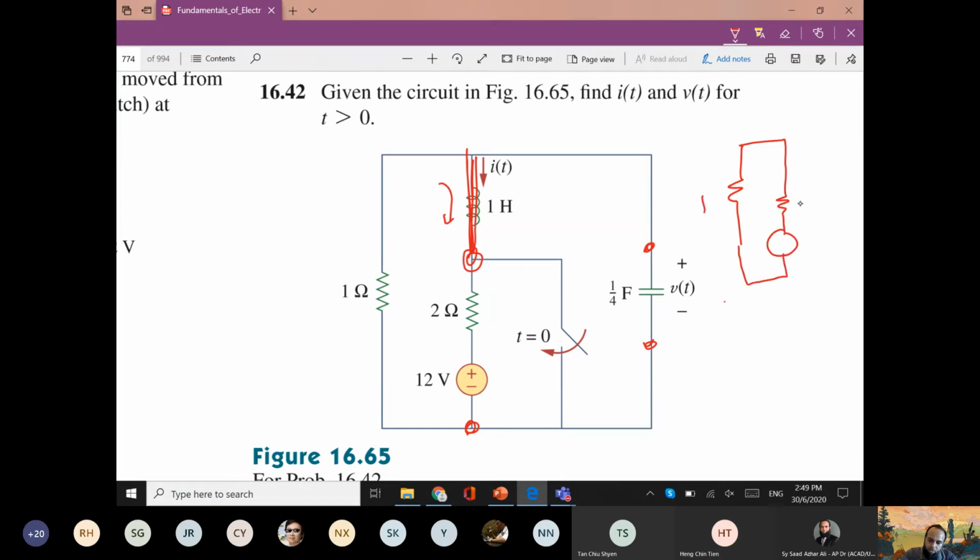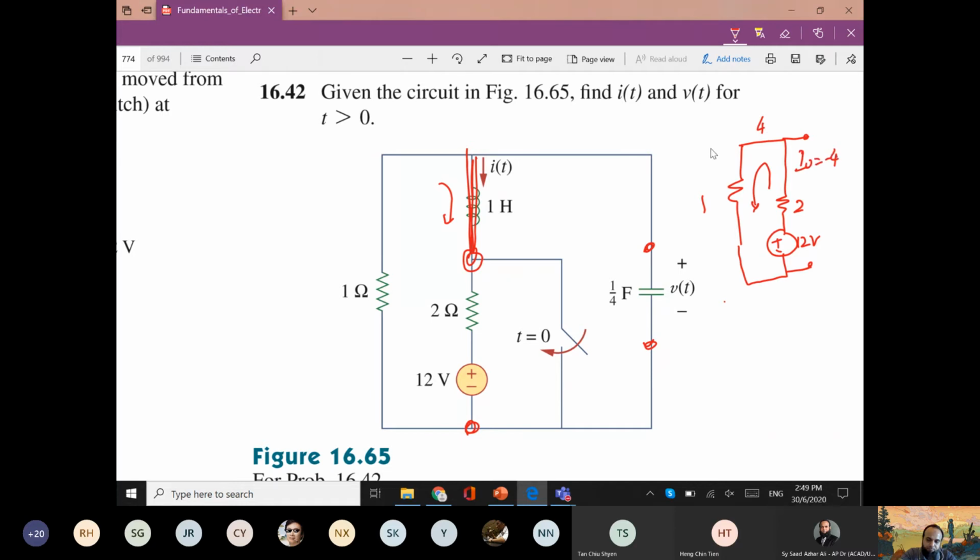It will be like this. 1 and 2, because this is where the inductor was, and this is where the capacitor was. So plus minus 12, 2. There is a 12-volt source for a 3-ohm resistor, so the current is 4 ampere, but I naught will be minus 4.